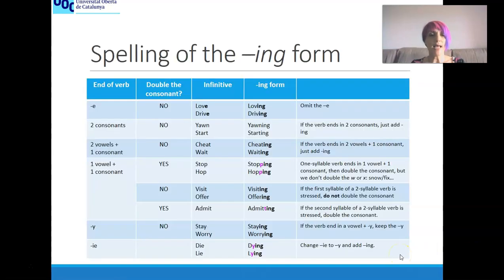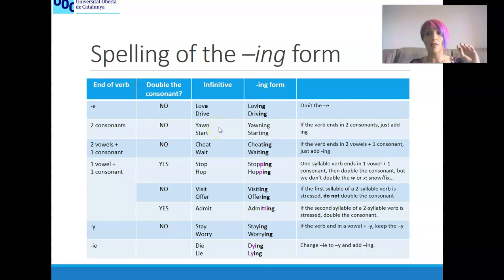Okay, and now for the spelling of the ing form. This is important, the way we spell verbs, okay? Now remember, if the verb ends with an E, we normally drop the E, we omit the E, and we add ing. For example, from love, loving, or drive, driving, right?